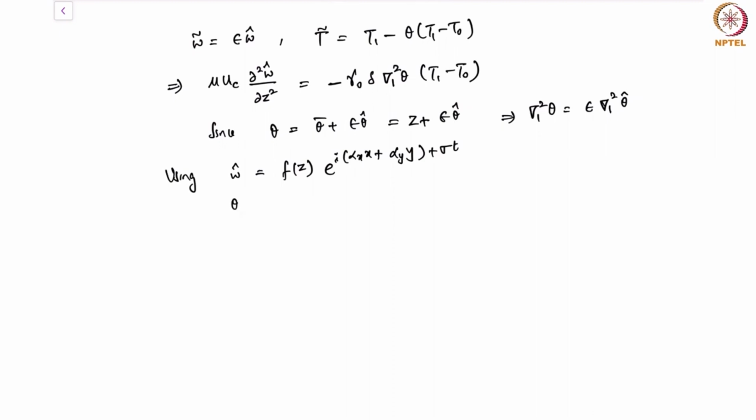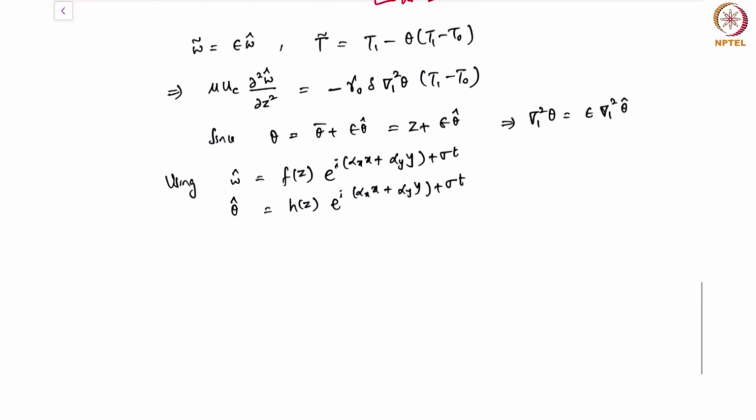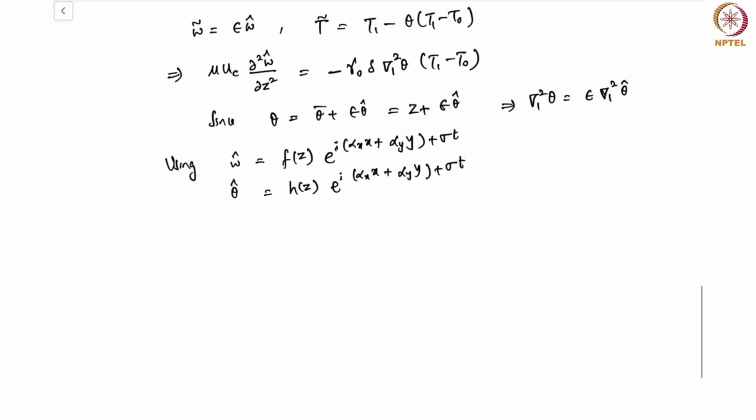And theta hat, we took it as h of z e power i alpha x x plus alpha y y plus sigma t. Note that whether it's theta inverted hat or the regular hat does not really matter at this point for this particular case, so I'm not making a big distinction about it.